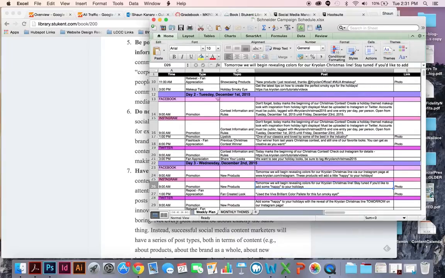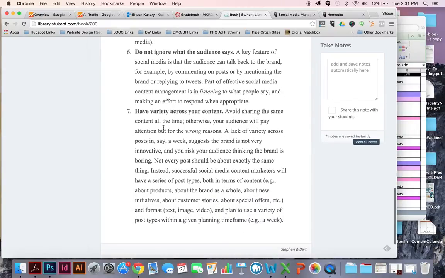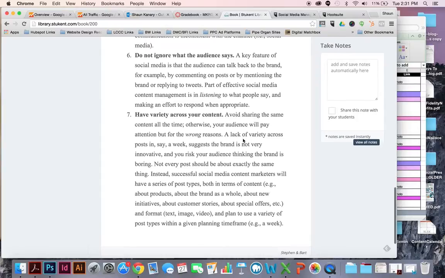They like makeup tips. I think it would be great to have more makeup tips in here and more things like that. So listen to what your audience says and produce content around that. And then have variety across your content. All right, you don't know what works unless you test different types of content. So test text, test photos, try videos, try infographics, and make sure you test releasing it at different times throughout the week.